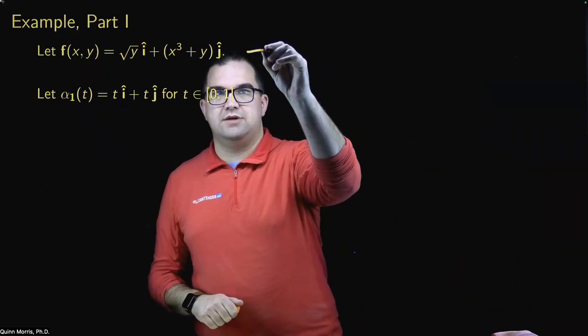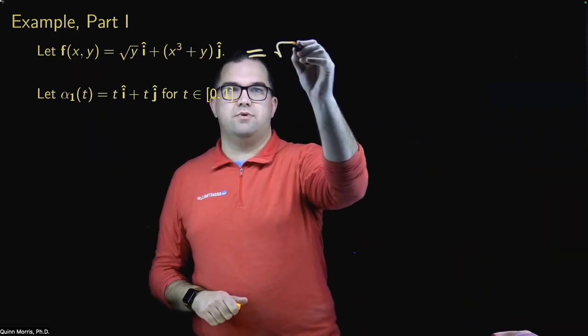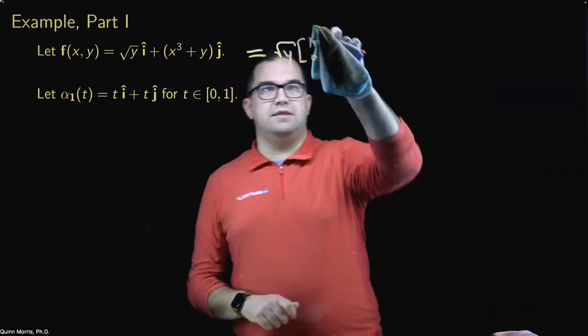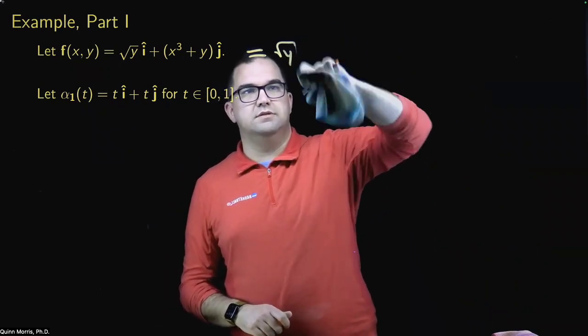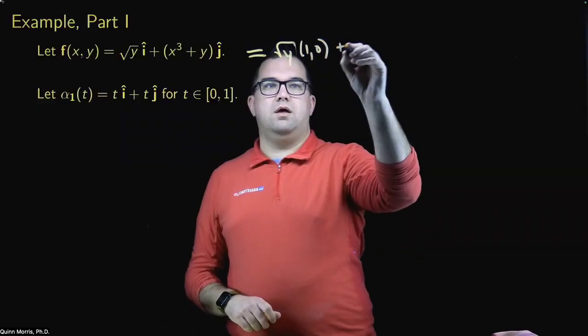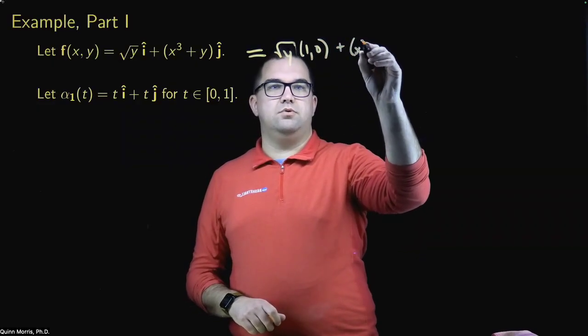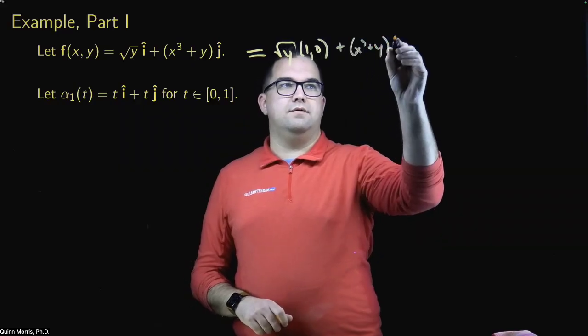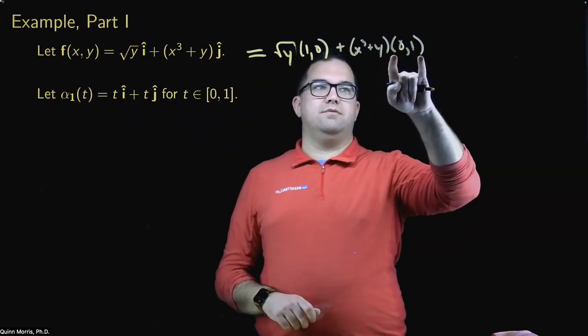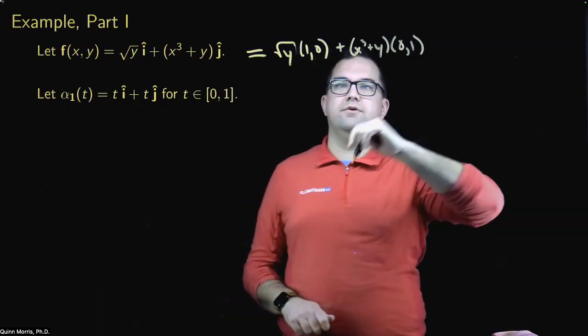One way you could make sense of this is to actually start writing this out. So this is the square root of y times (1, 0), let me write these as row vectors, that's what the book tends to do, plus x cubed plus y times (0, 1). Again, this is a scalar, this is a vector, scalar, vector.